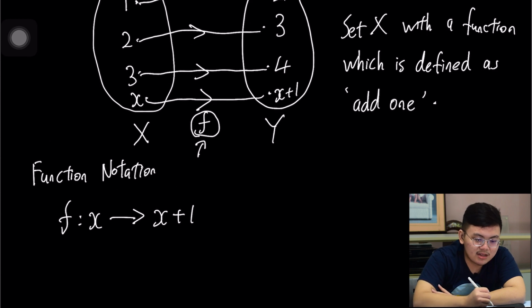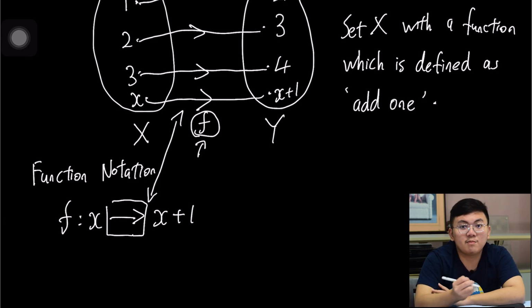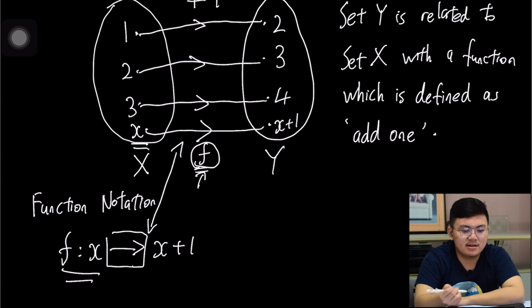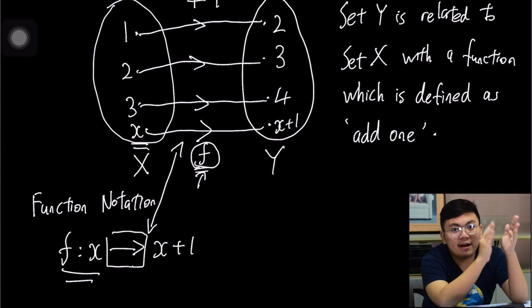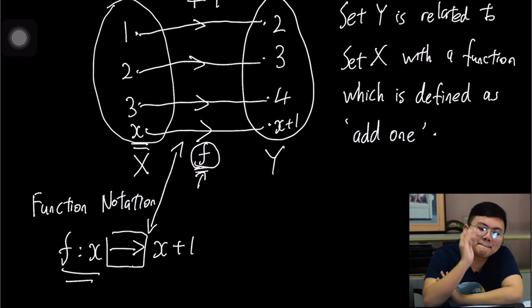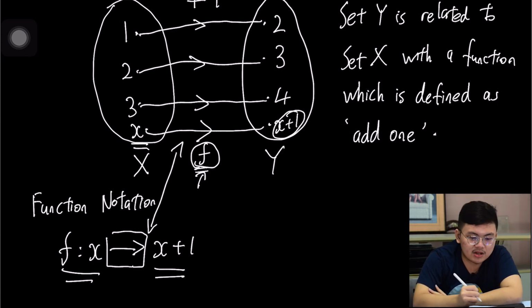Actually this arrow originated from this arrow, both of them are the same. And this f of x originated from here and here. So they combine together and become f dot x, just not to be confused. Then the x +1, you can see it's an image here.